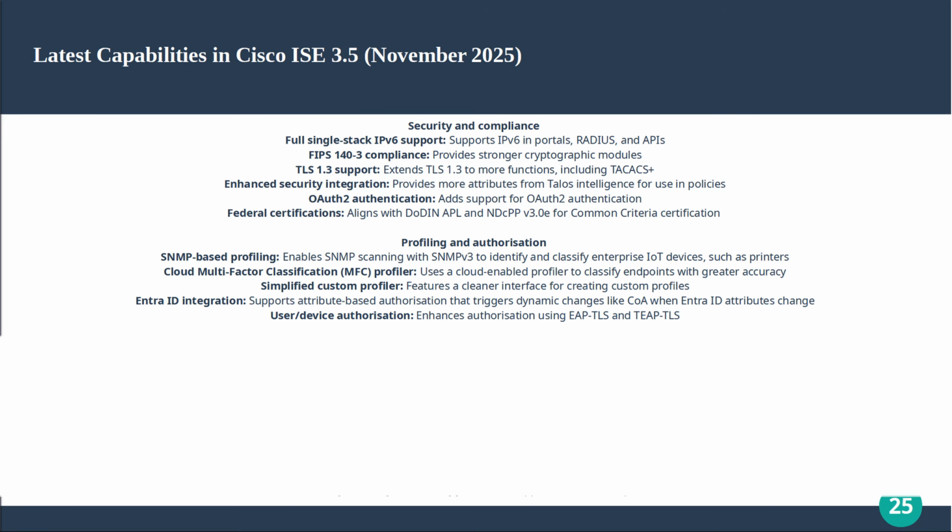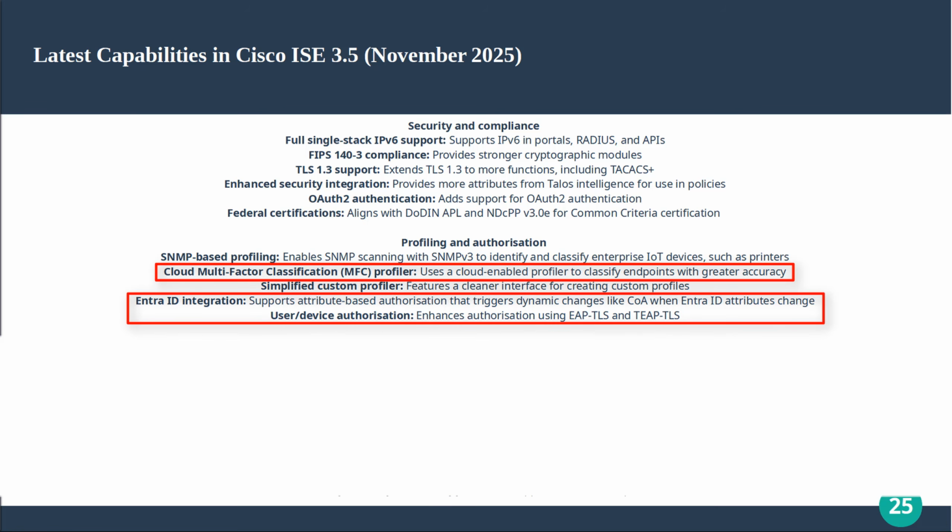For profiling and authorization, the cloud classifier gives ISE more intelligence for Internet of Things and bring your own devices. And modern enterprises use Azure AD. This makes authorization dynamic. So if a user moves OU, changes group, or fails a condition, ISE can change access automatically.